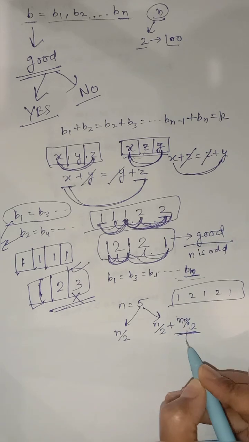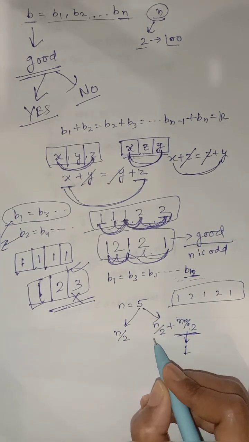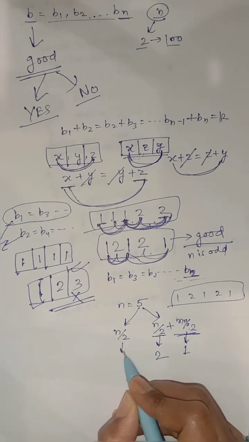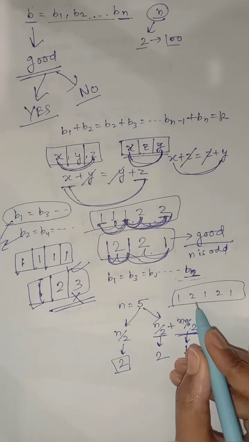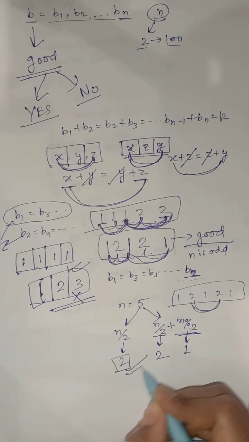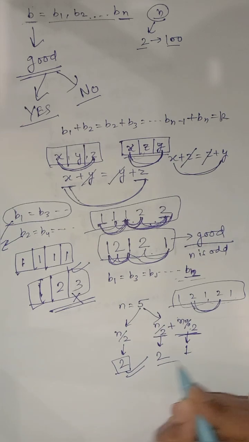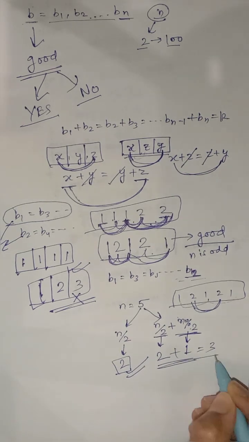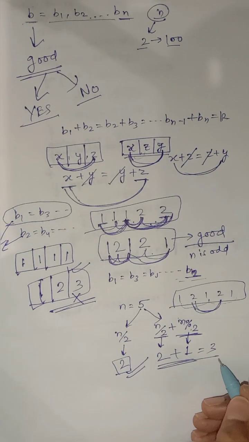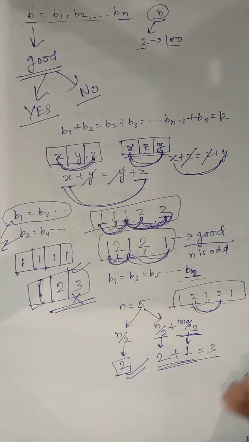You know, n mod 2 is the remainder, that will be 1 in this case, and n by 2 will be 2 in this case. So we have 2 with frequency 2, and we have 1 with frequency 3 here. Okay, I think you got the point. So we can move on to the code of this question.